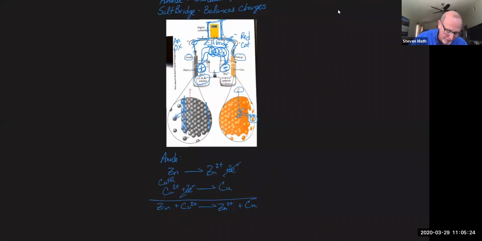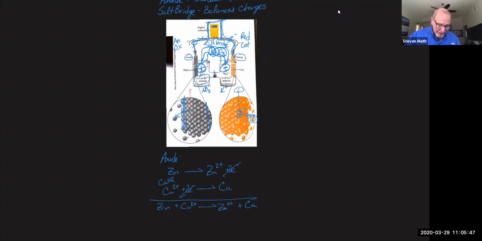The potassium. Whenever we make a salt bridge, the cation goes towards the cathode and the anion ends up towards the anode. That's a good way of remembering that. Just remember the negative goes to the anode, the positive goes to the cathode.